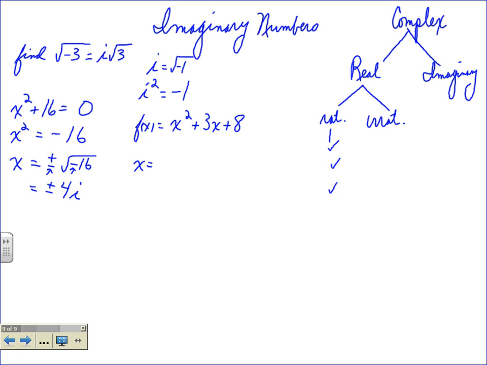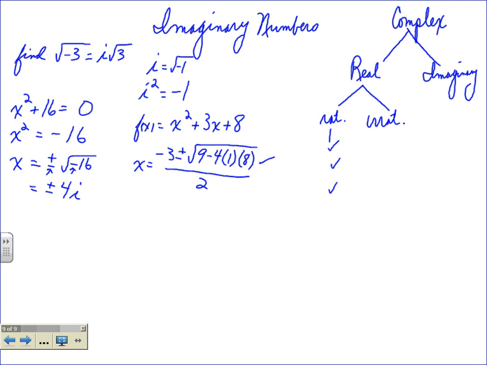X is equal to the opposite of b plus or minus the square root of b squared minus 4ac all over 2a, 2 times 1. The only time that you should use your calculator if you need to is to find what's inside the square root. I don't think in this problem we really need to.